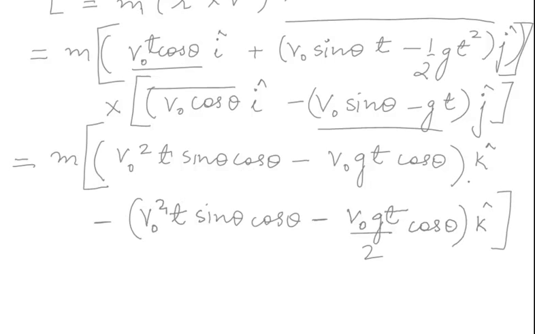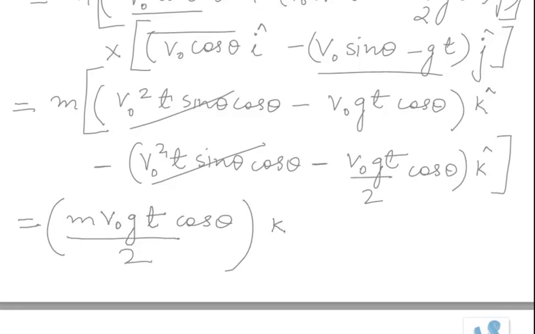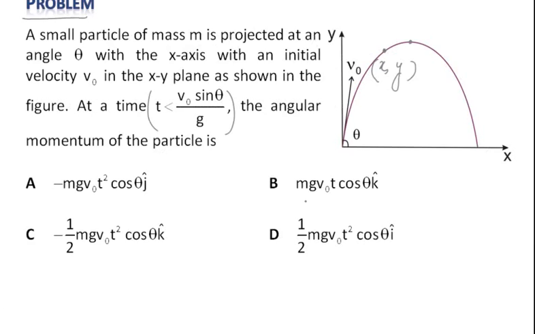Now if you open up the brackets, this term will cancel out and these two terms will subtract. So we will finally get m v naught g t cos theta by 2. This is the magnitude, and k cap.